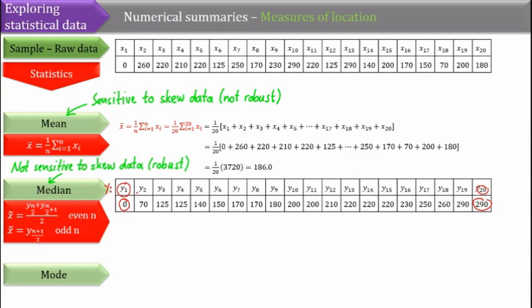The reason for this is that arranged data can't have the same name as the raw data because we've processed it. And usually, if the raw data is denoted by x's, then the arranged data will be denoted by y's. So in this case, y1 is equal to x1 because it's 0.